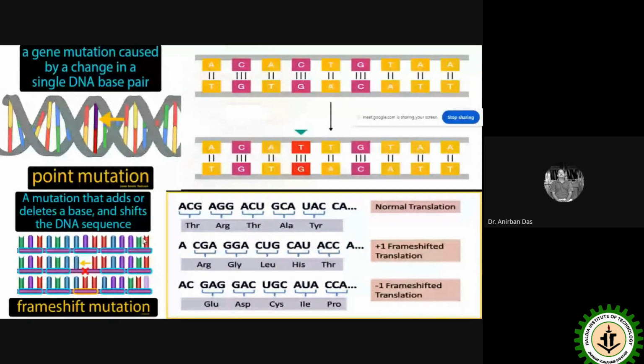That is called frame shift mutation. Now the problem is, if these types of mutations happen, the normal role of the tumor suppressor gene or the oncogenes will work in reverse. The tumor suppressor gene, whose role was simply to suppress the tumor, will basically change its turn.